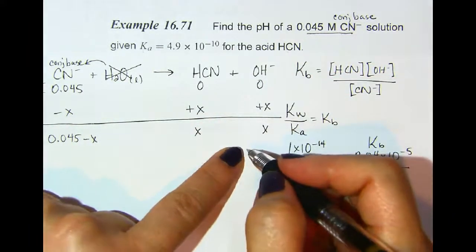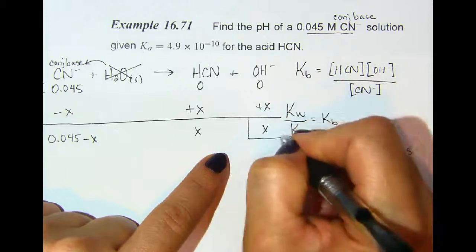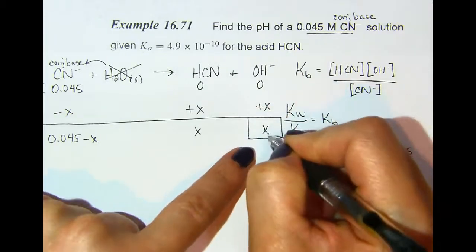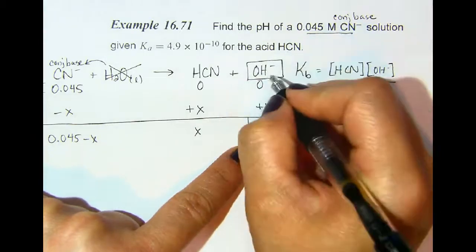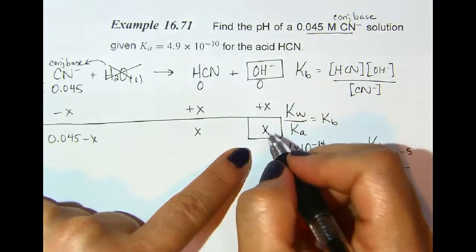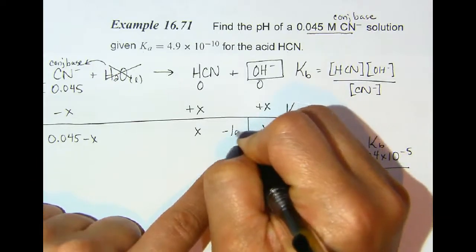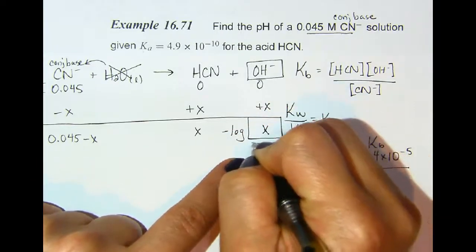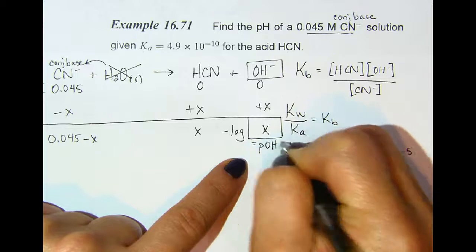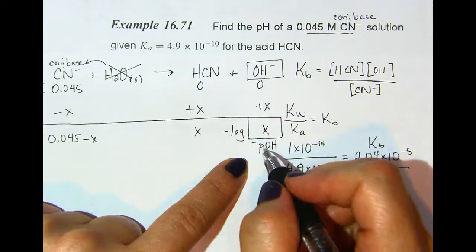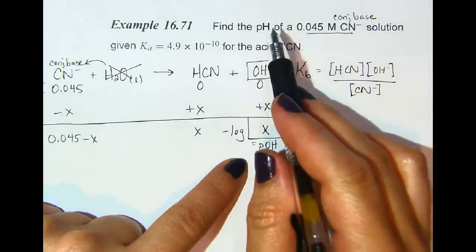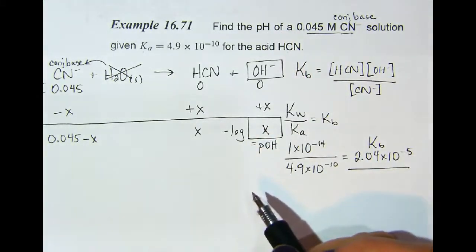And what I want you to recognize is that this is what we are most interested in: finding x, which in this case is equal to how much hydroxide there is. If you take the negative log of x, you're going to get a pOH. So make sure you understand that what we're going to get is the pOH, but we really want to end up with the pH. So we'll have to do a couple of math steps here.